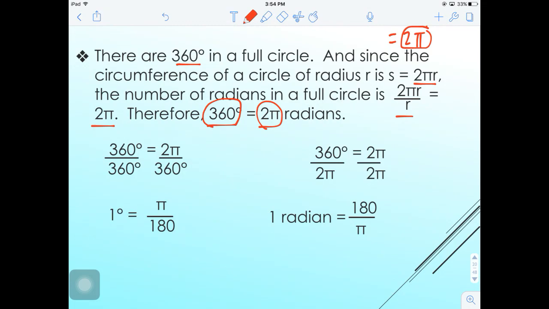And if you do the math, 360 degrees equals 2 pi, so dividing by 2, 180 degrees equals pi. So 1 degree is equal to pi over 180. And 1 radian, the other way to look at it, is 180 divided by pi. These are the two crucial formulas that we will use to convert between degrees and radians. To summarize, here is the table.